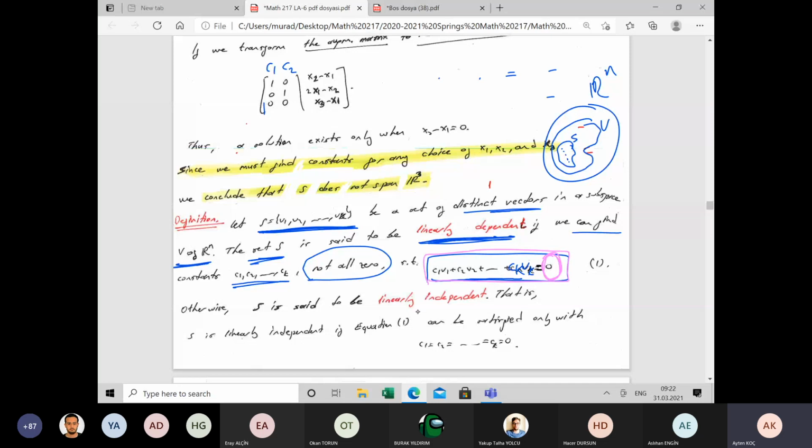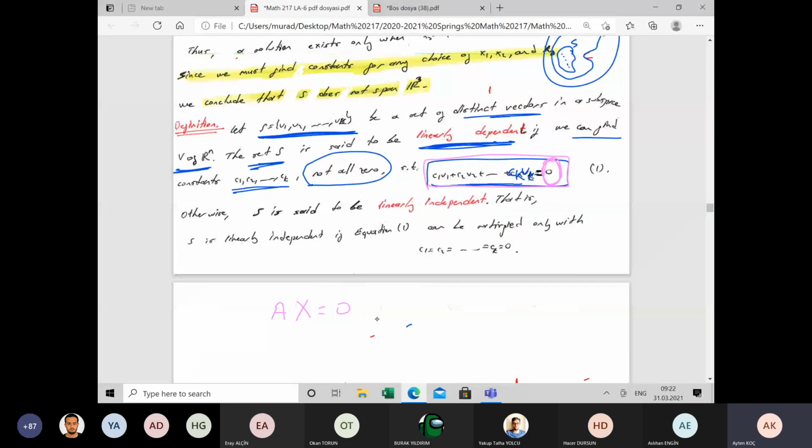We know that x equal to 0 is always a solution because A times 0 is 0. So this one is always a solution. The next case is that maybe this system has infinitely many solutions.